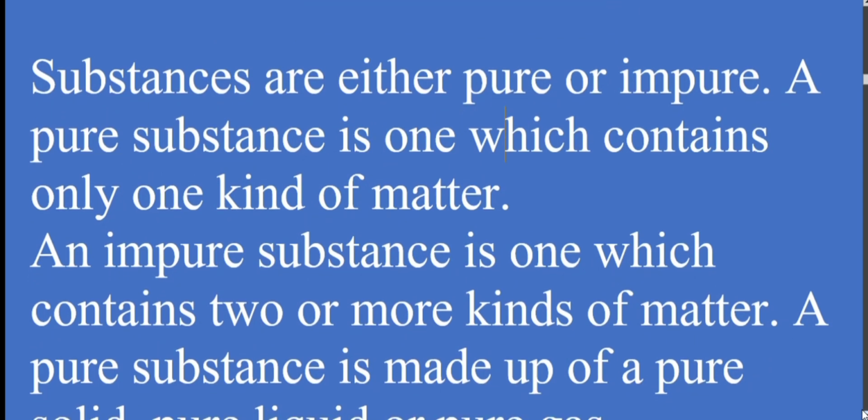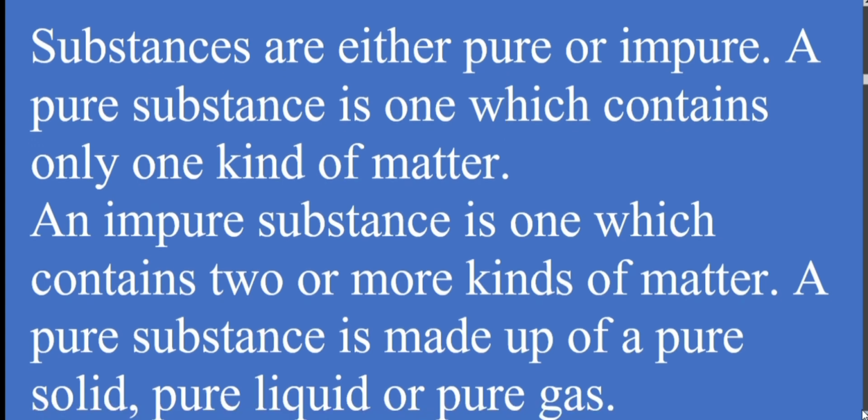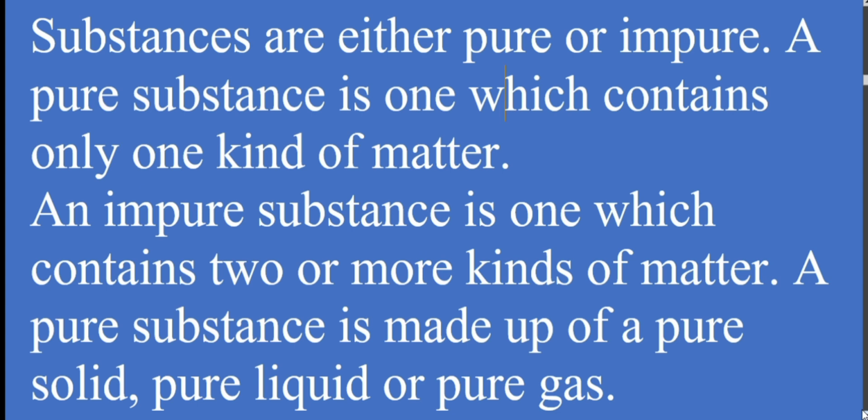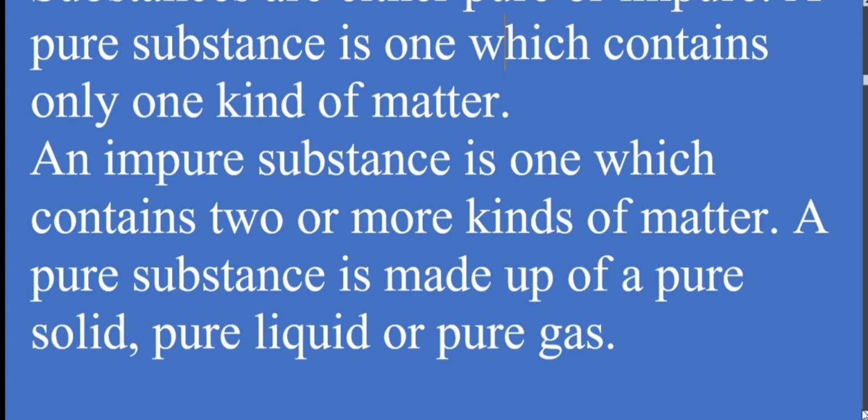A pure substance is made up of a pure solid, a pure liquid, or a pure gas, that is, one of the three states of matter, and we term it pure. When the substance is made up of two or more, we say it is impure.